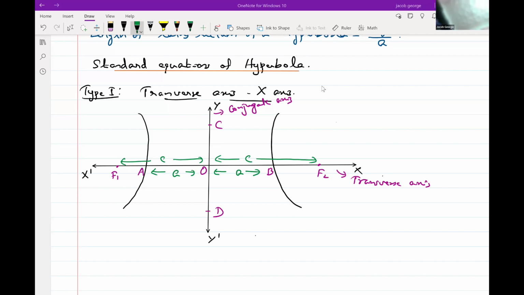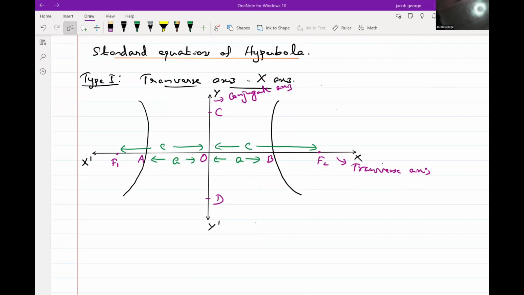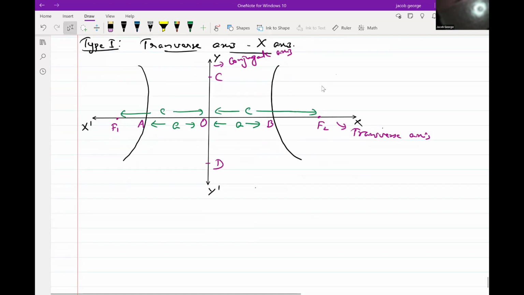Okay. So then we write like this. The standard equation of type 1 hyperbola is x squared by a squared minus y squared by b squared is equal to 1.